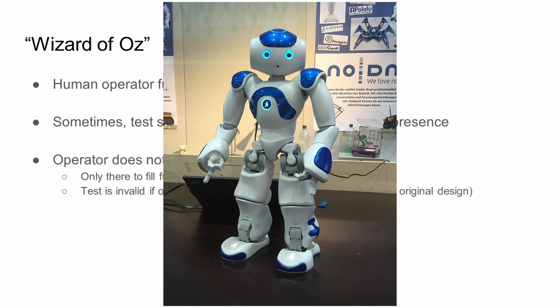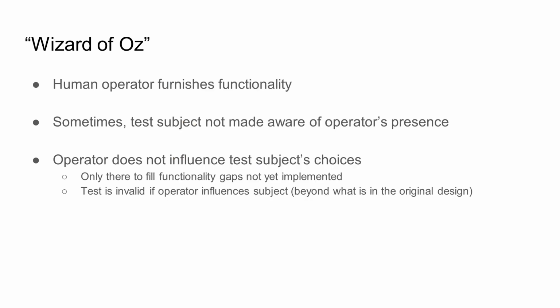The key thing that you want to really, really avoid in that situation is the temptation to influence the user's actions. Because what you're doing as the Wizard of Oz is you're only merely facilitating the functionality of the design.